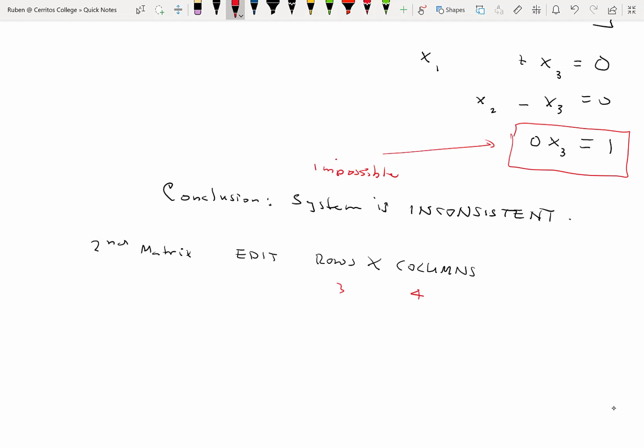As soon as you enter that, the number of columns 4, you push enter, and you see that the cursor is now highlighted over the entry in the first row in the first column, and you just start inputting the entries, and you move from one entry to the next by pushing enter, and the calculator enters the entries from left to right.